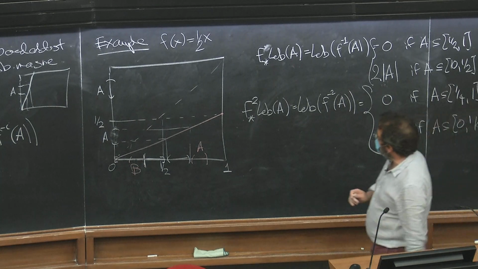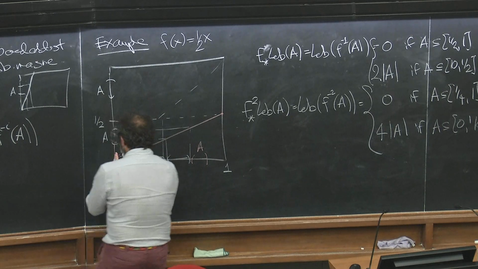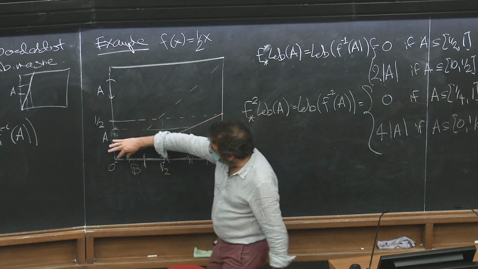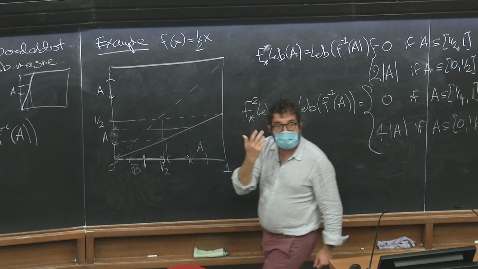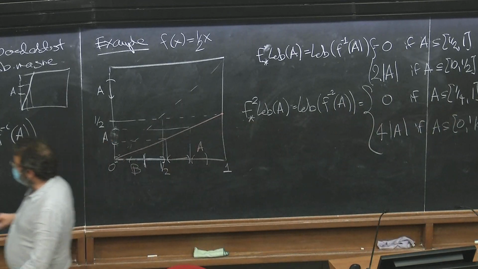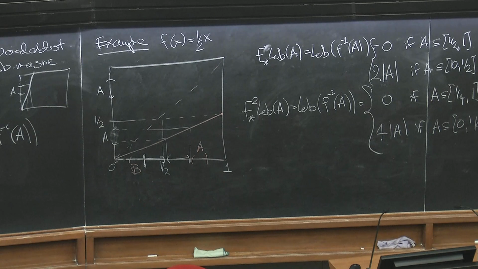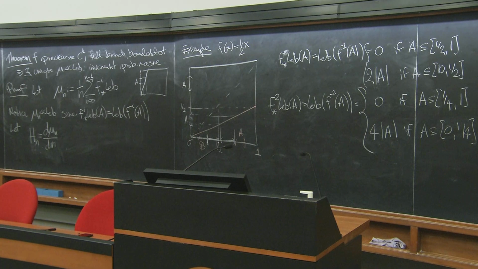These are probability measures, but they are living in a smaller and smaller interval containing 0, and they have larger and larger density, it's called, right? So this is the density with respect to Lebesgue. Since these are absolutely continuous, we let Hn be what's called the Radon-Nikodym derivative, or the density.